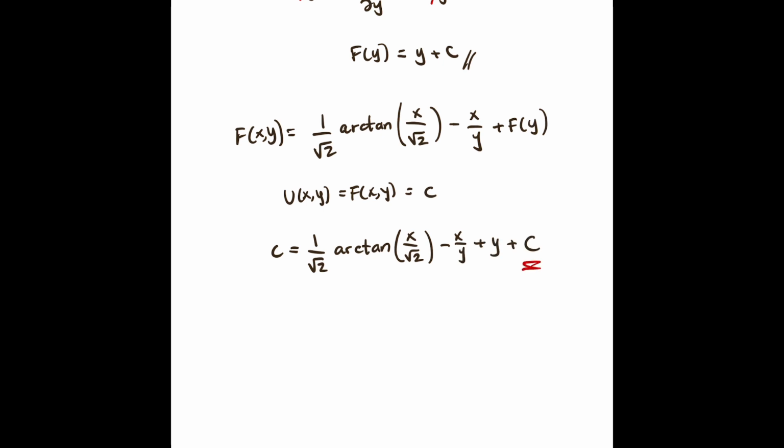But this c that we got from f of y, when you subtract, it's just grouped into that c. So we're going to neglect this. And this is our answer. That's it.